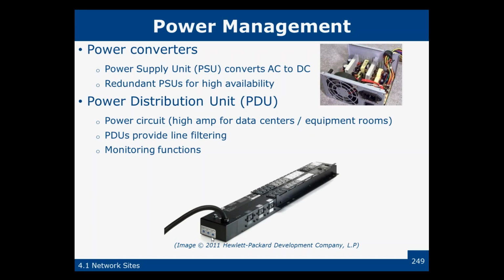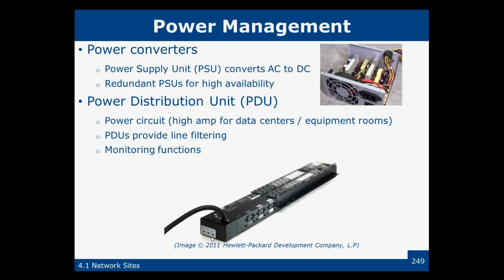The other thing that we show here is a power distribution unit, and this is a really small one. We had one in the last place I worked, and it was a huge cabinet, and what it does is maintain steady power.